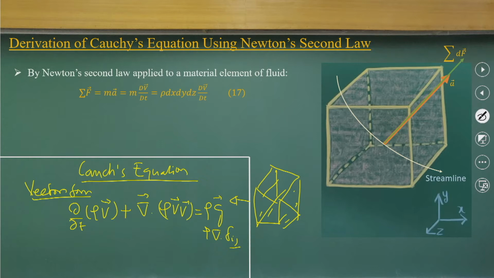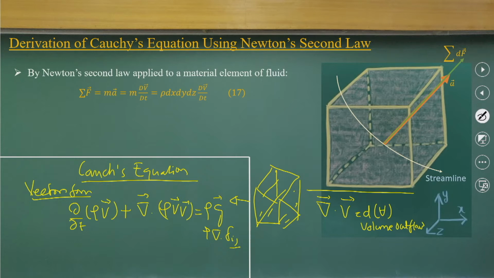Before going to the derivations, I just want to look at the component-wise meaning of these terms. Going back to very basic things, the divergence of a vector: if you look at del dot v, the velocity divergence, it talks about the net volume outflow from a control volume.